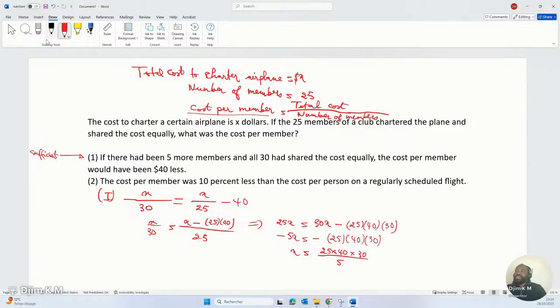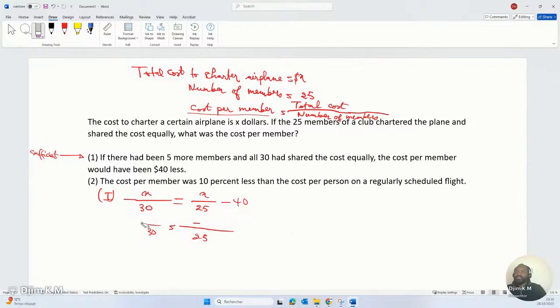Let's take the second condition. The cost per member was 10% less than the cost per person on a regularly scheduled flight.